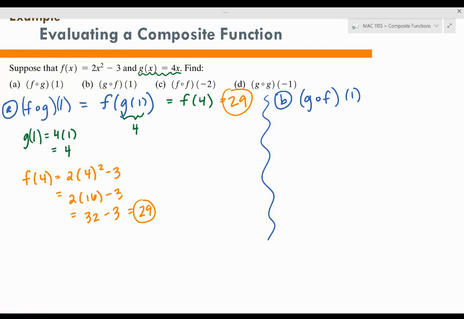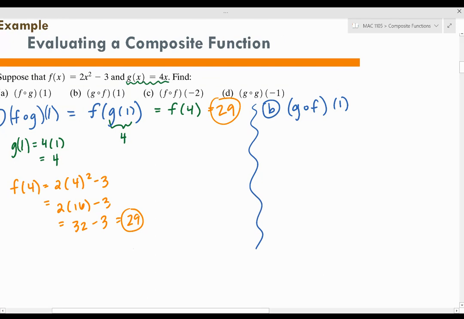In example A, we had f composed of g, so g was the inside function. Now we're doing g composed of f, so f is the inside. One thing I also want you guys to take note of: when you see this notation for our composite functions, whether it be f composed of g or g composed of f, notice that this symbol means composition.